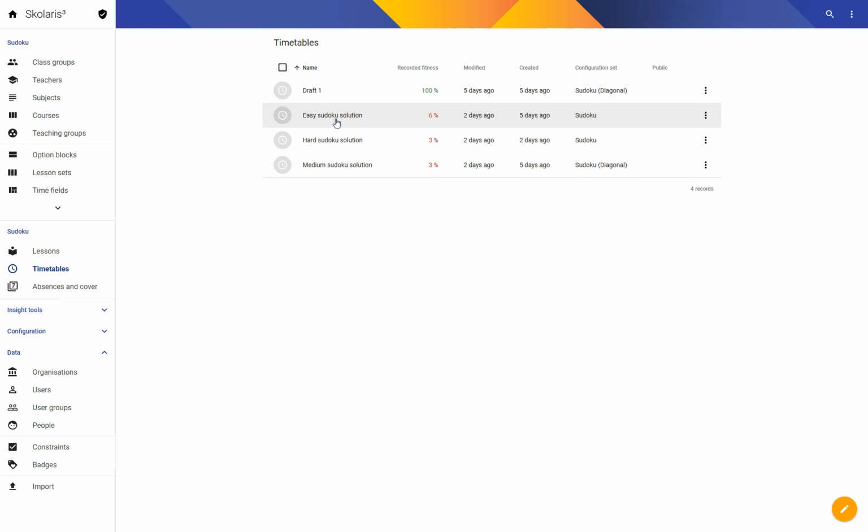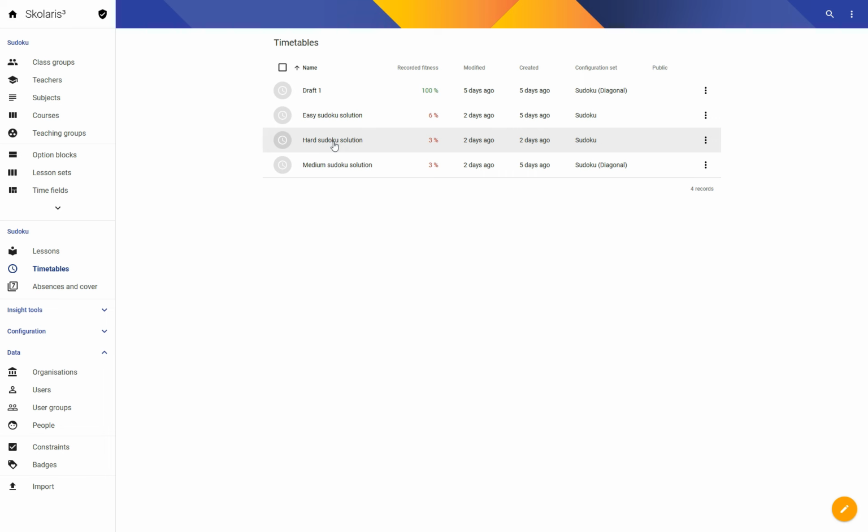Unfortunately, I applied those rules to the ordinary Sudoku, the easy Sudoku solution and the hard Sudoku solution. And if you remember last time, Skolaris wasn't able to solve them. Well, this can be explained now quite easily. Skolaris wasn't able to solve them because it used too many constraints that they weren't built for.